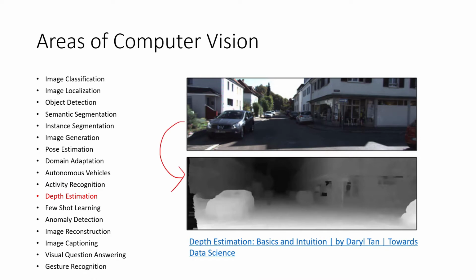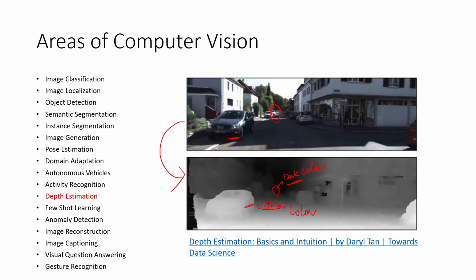How is it working? It is very simple. If the object is at the front, it will be a lighter color, and if it is at the back, like this car in the last, it is a dark color. Depending upon the distance of the object from you while clicking the photograph, the color is assigned from dark to lighter.